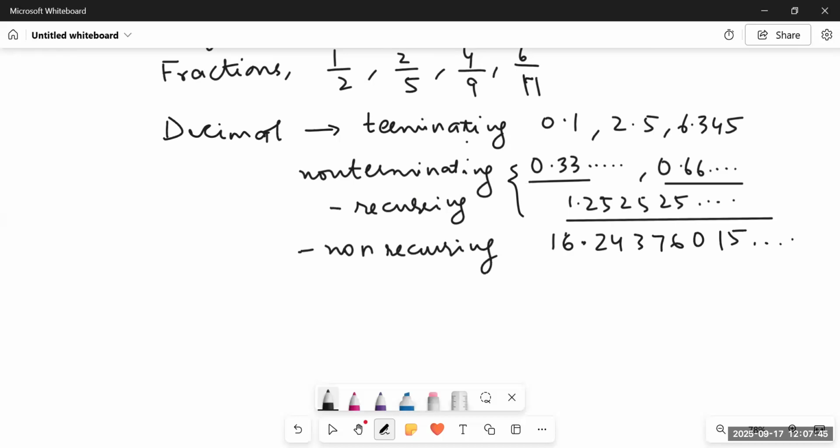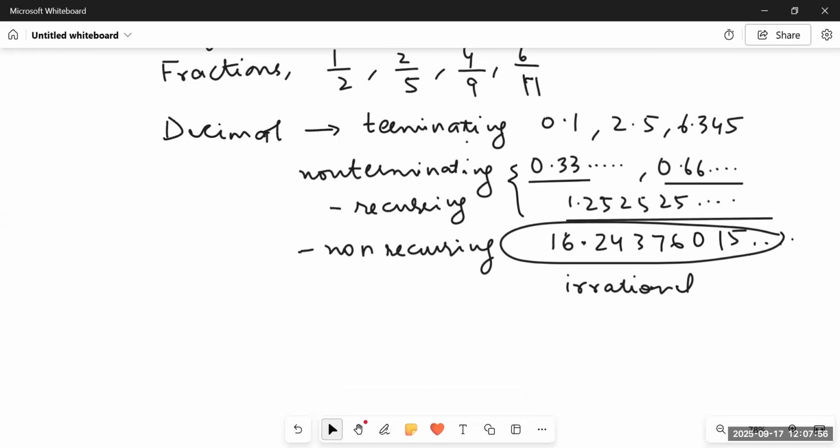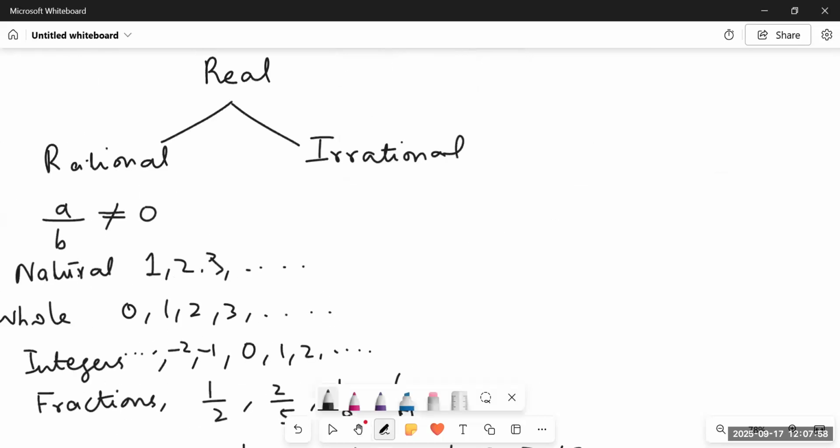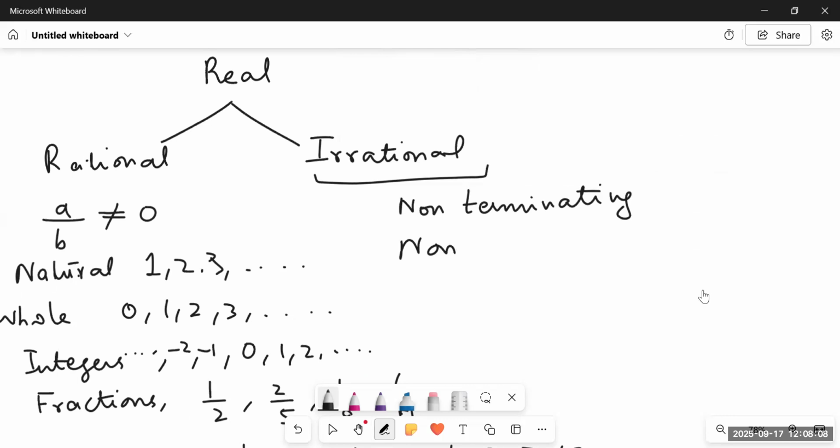This category is not included in rational numbers. Instead, it's an irrational number. The category of irrational numbers includes all the decimals that are non-terminating, that do not terminate at any point, and they are non-recurring at the same time.